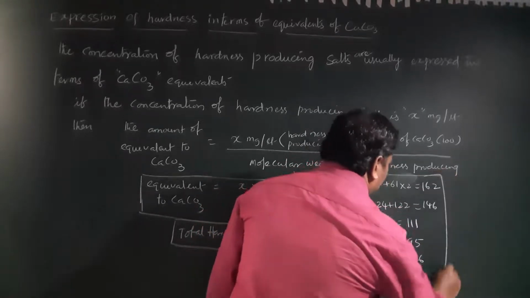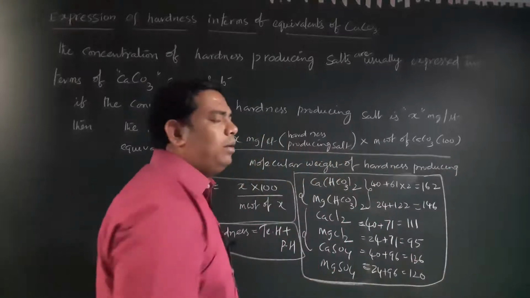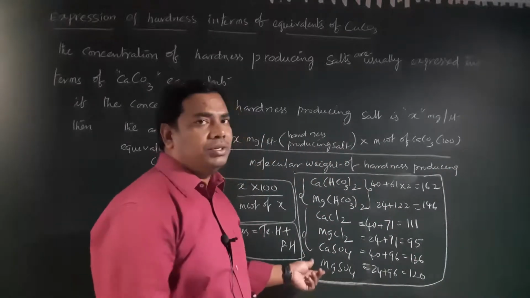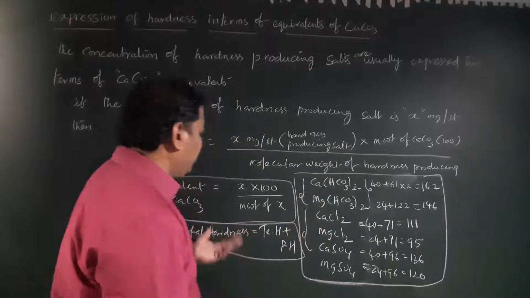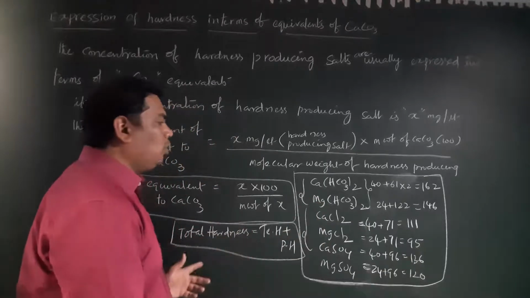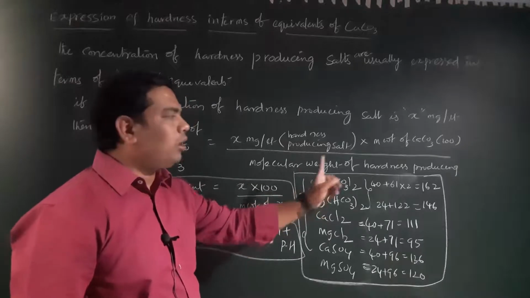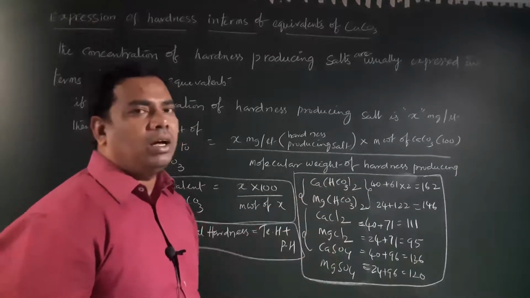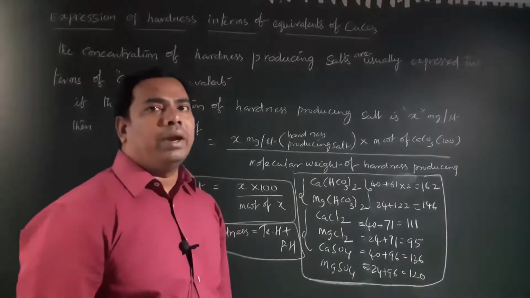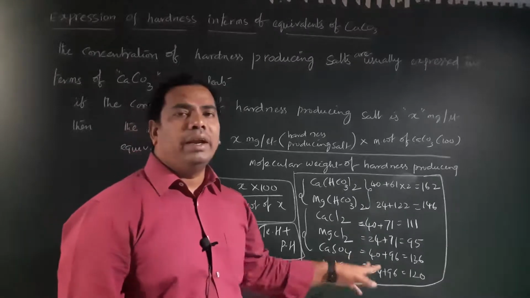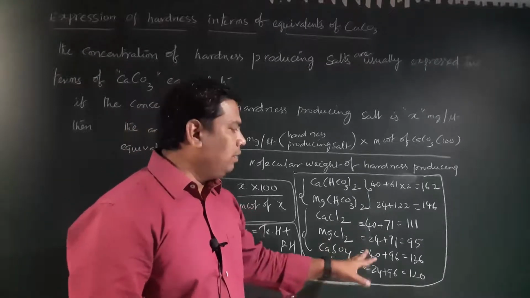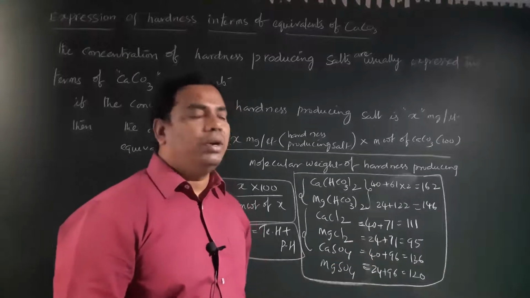Okay, so these molecular weights are very important for calculation of temporary hardness, permanent hardness and total hardness, student. So please remember these values: calcium bicarbonate 162, magnesium bicarbonate 146, calcium chloride 111, magnesium chloride 95, calcium sulfate 136, magnesium sulfate 120. Okay, right.